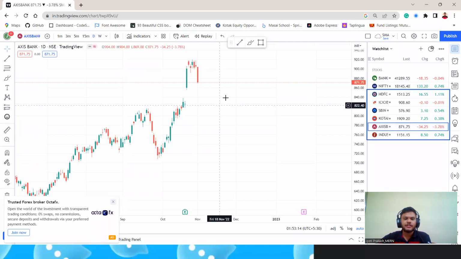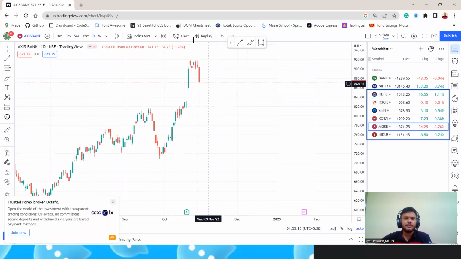Now let's look into Axis Bank. Here you can see that Axis Bank came up with some news, and for that reason it showed some negative movement. It also traded around that resistance level for 4 to 5 days, and it did not go up, neither did it go down. Today it went down and closed around 3.8% lower.